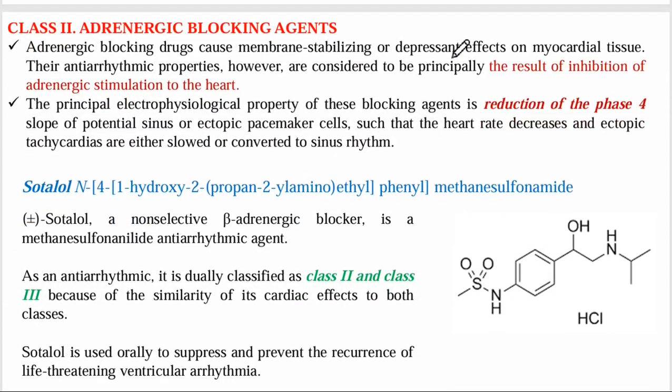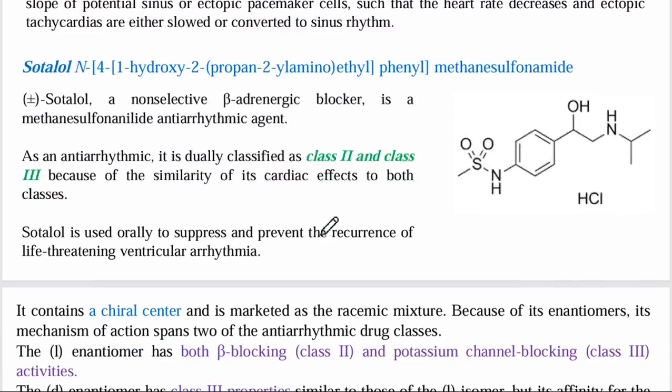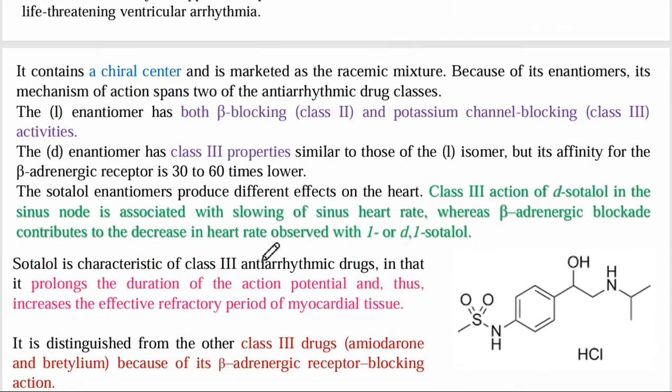Then we have class 2 adrenergic blockers, in which we have the sotalol. Sotalol is generally a dual acting drug, which is used in your class 2 as well as class 3, that is the potassium channel blocker. Due to the similarity of its cardiac effects, and due to the chiral center, it is marketed as a racemic mixture, because its enantiomers have two antiarrhythmic drug classes, both, as I said, adrenergic beta blocking and potassium channel blocking agents.